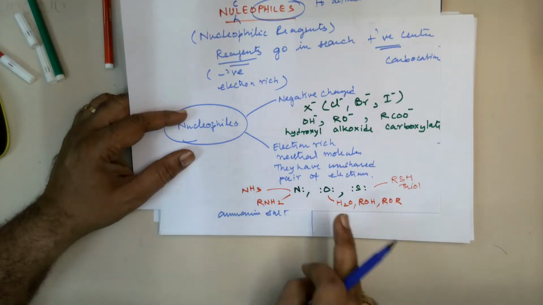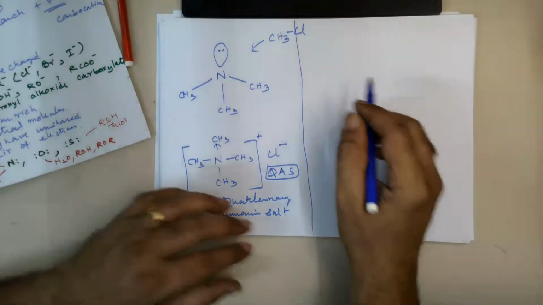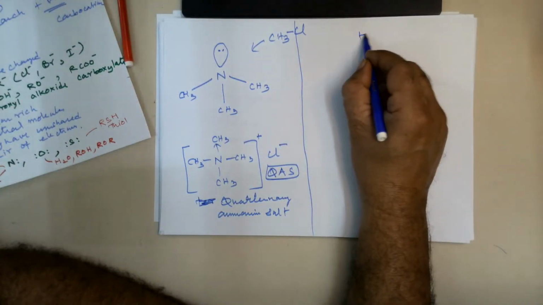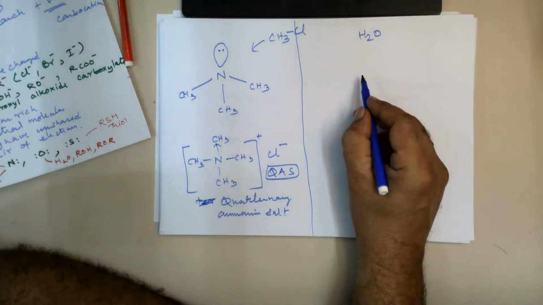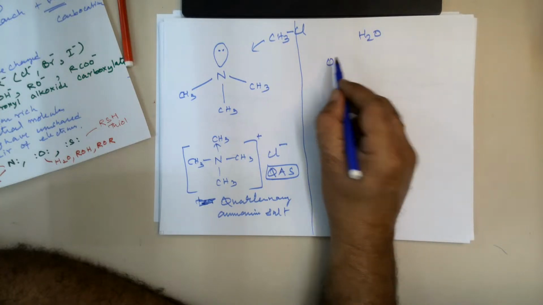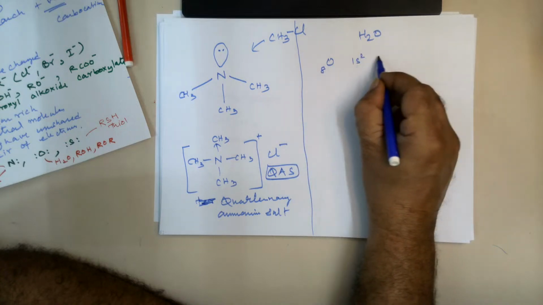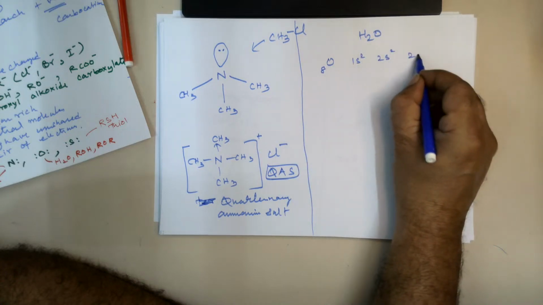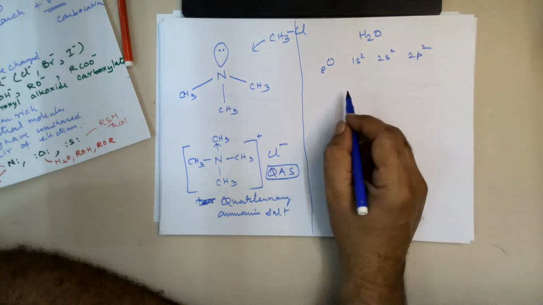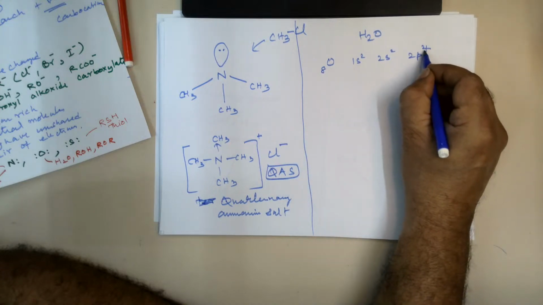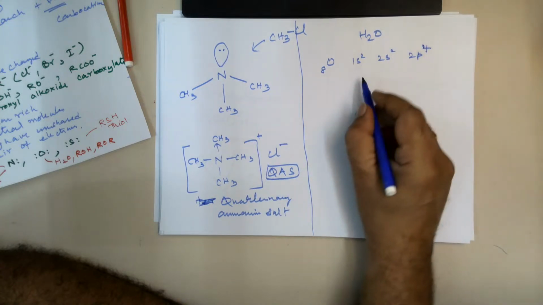Now let us talk about the structure of water. See, oxygen, what is the electronic configuration? Atomic number 8. So 1s2, 2s2, 2p4, because totally 8.